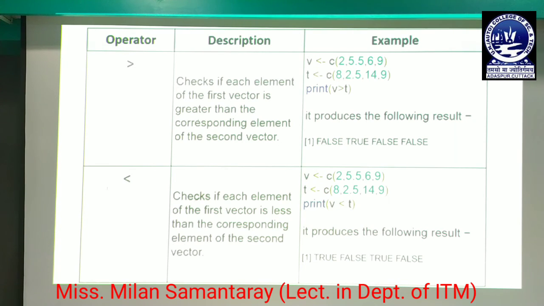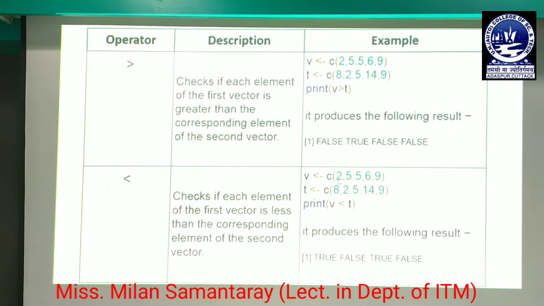So, let us see an example. The first vector contains these elements and the second vector contains these 4 elements. We have to compare the elements of these two vectors by using the less than operator. So, it produces the following result, by comparing the elements with their corresponding elements.